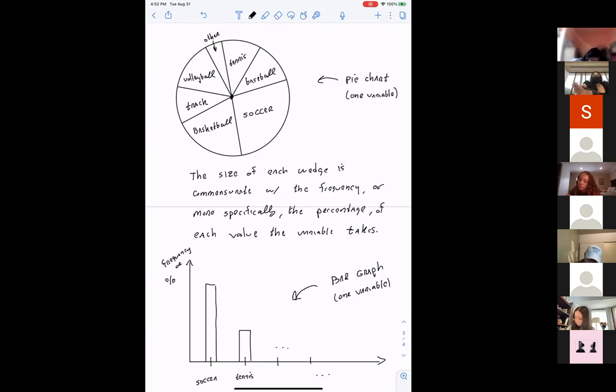Let's say you had 50 categories. Which of the two do you think you want to use? The bar. Why? I'm not saying you're wrong, I'm just saying why. Because it looks easier to look at. Yeah, how are you going to fit 50 types of categories in a relatively small circle?